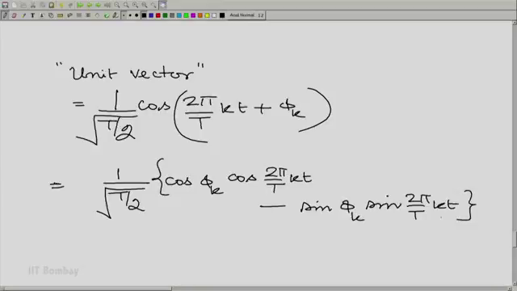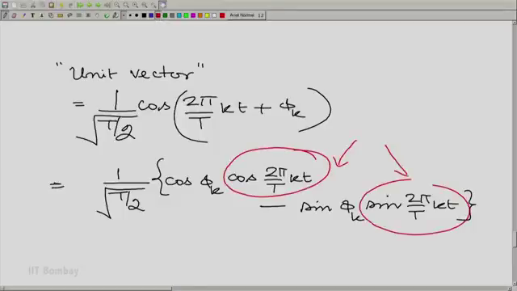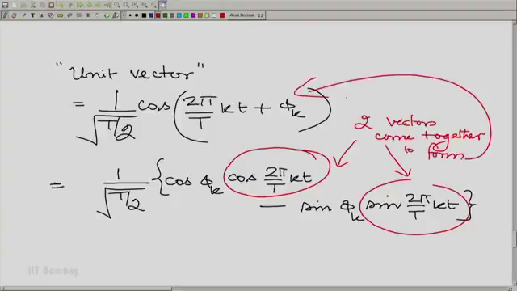So, it is interesting, actually I have two vectors, not one, which come together to form the space spanned by this unit vector, and those two vectors are the cosine and the sine components. These are the two vectors which come together to form that sinusoid again. And now I need to check whether these again are perpendicular vectors or not.